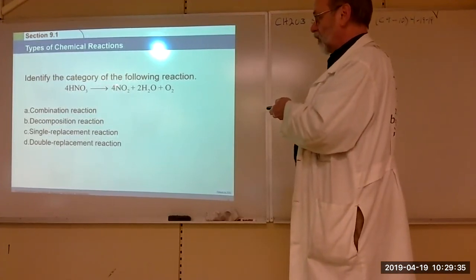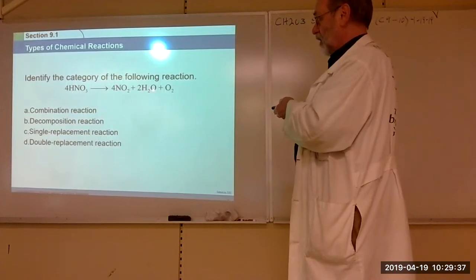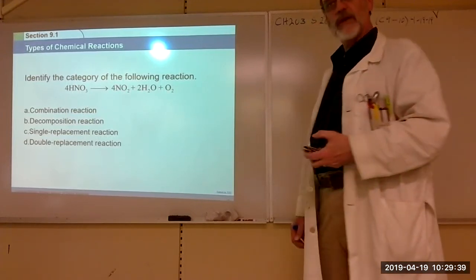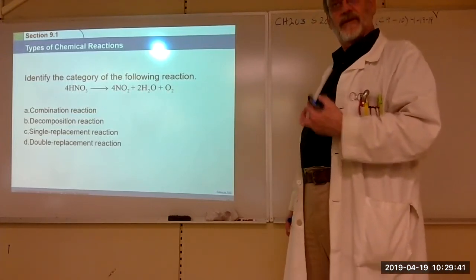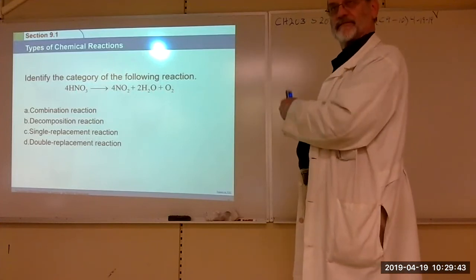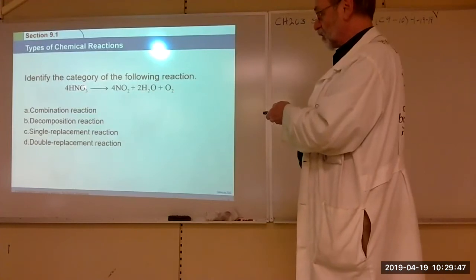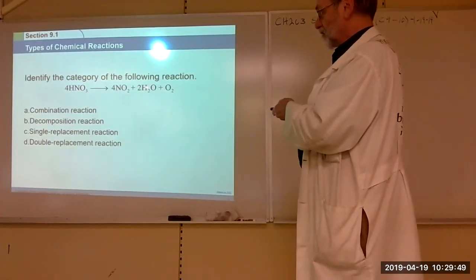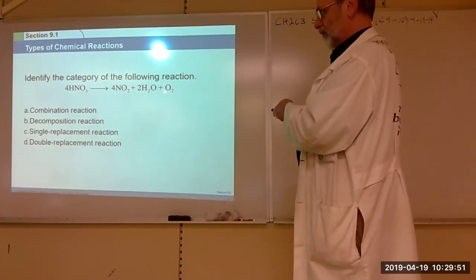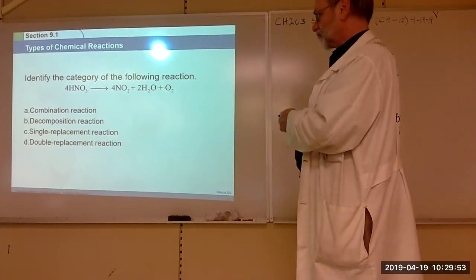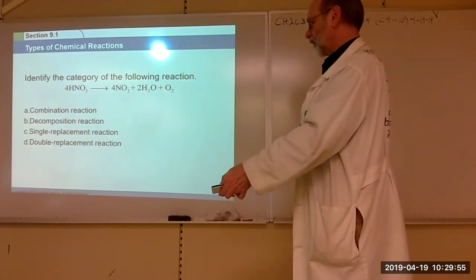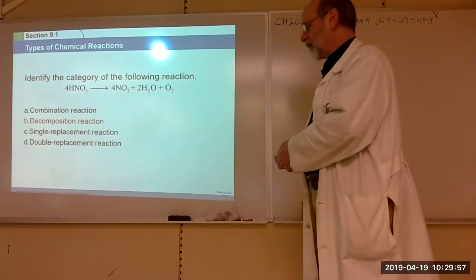Reacts to produce what? Nitrogen dioxide, water, and oxygen. So what kind of reaction is that? Complex to simple. The decomposition. We're decomposing this one into these three compounds or elements. Well, there we go. Decomposition.